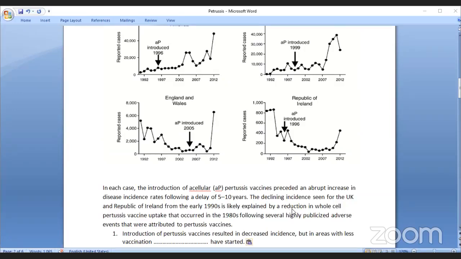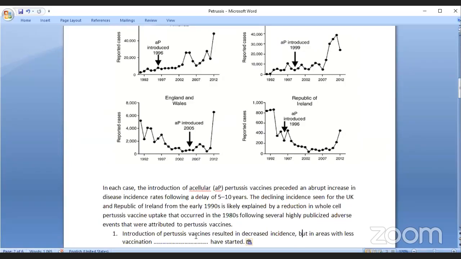this is a little bit of a technical problem, but your answer, adverse effect, does not fit grammatically here. Adverse events is totally wrong. So the answer, let me unmute if anyone wants to participate. The introduction of pertussis vaccine resulted in decreased incidence. That is okay. After that, there was an increase.